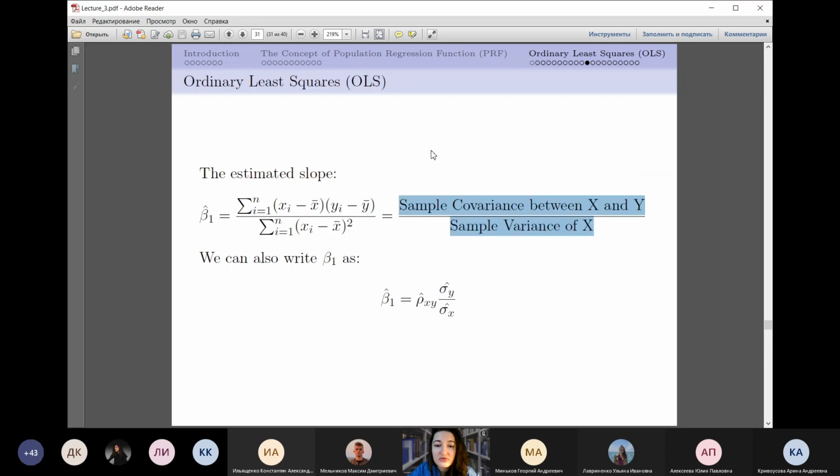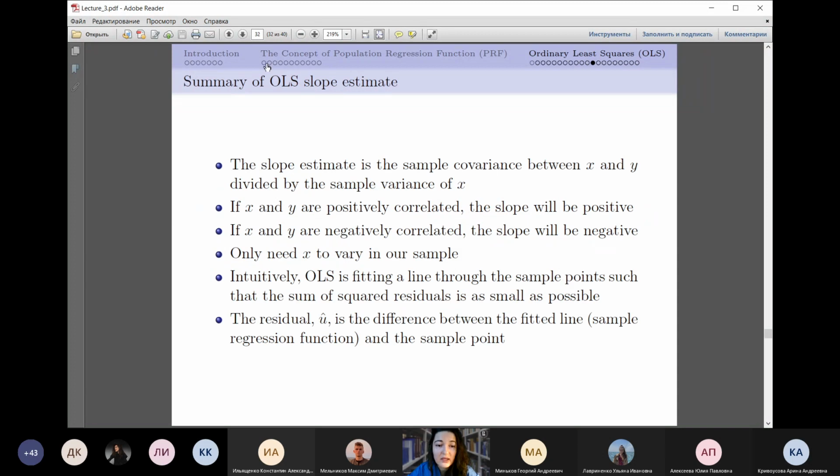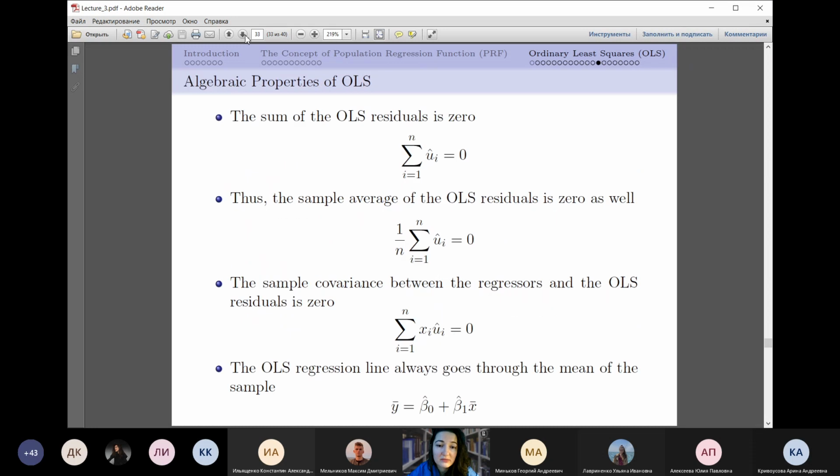And also we can derive that if x and y are negatively correlated, it means that your slope beta 1 will be negative. And of course, we want our x to vary in our sample. If we cannot see any variability in x, we will have a problem with our estimation.